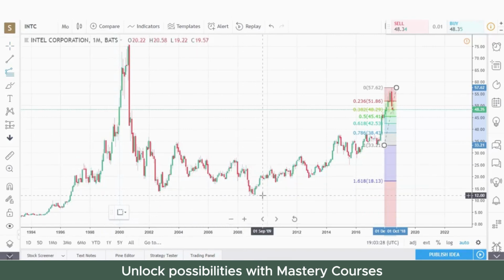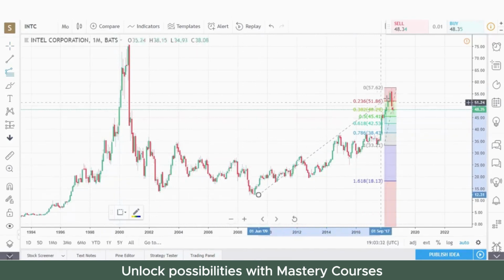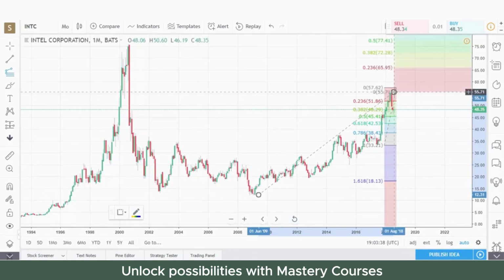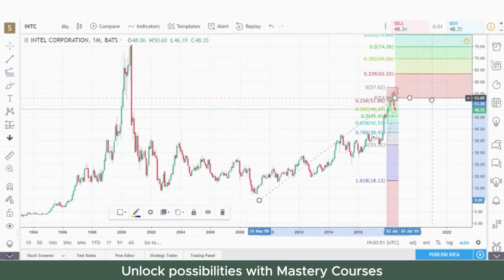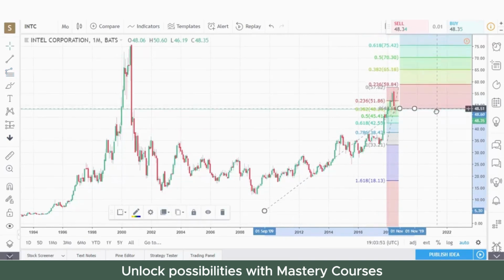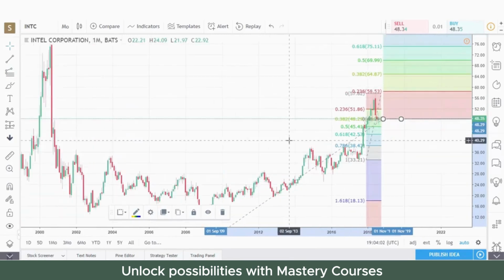Click that. Place our cursor on the low. We're going to pull it up to the high here. Click our cursor. And then we're going to drag the bottom of the Fibonacci extensions down to the first retracement here.